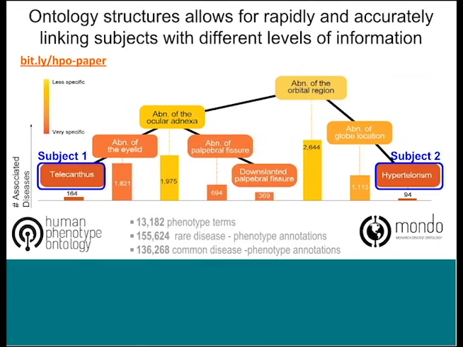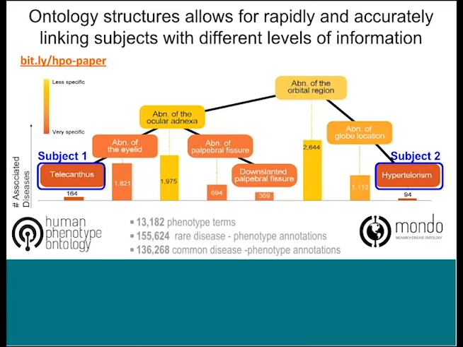For example, here you have telecanthus and hypertelorism, both of which are abnormalities in the orbital structure of the skull around the eyes. And if you were not somebody who is really well versed in that kind of defect, you may not realize right away that those are connected.